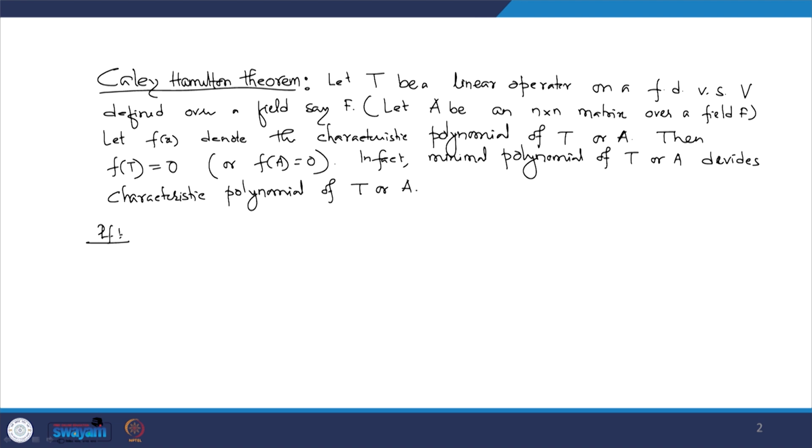I have used the words that T is a linear operator on a finite dimensional vector space V, or A is a square matrix over the field, say capital F. Already I have established the result: any finite dimensional vector space is isomorphic to the corresponding n dimensional tuple space.